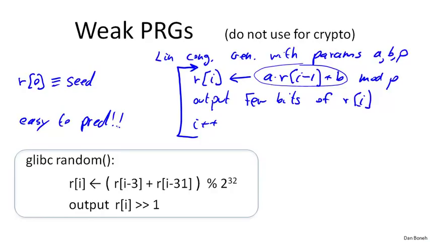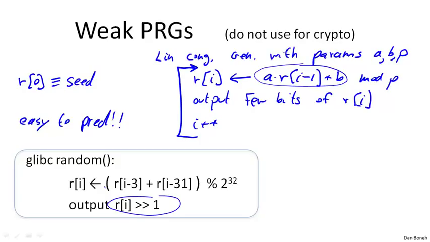Another example is a random number generator that's very closely related to the linear congruential generator. This is a random number generator implemented in glibc, a very common library. I just wrote down the definition here. You can see that it outputs a few bits at every iteration, and it just does a simple linear transformation at every step. Again, this is a very easy generator to predict and should never ever be used for crypto.